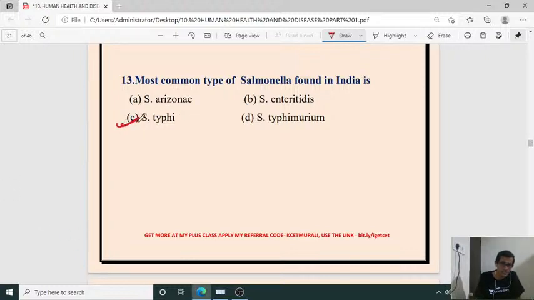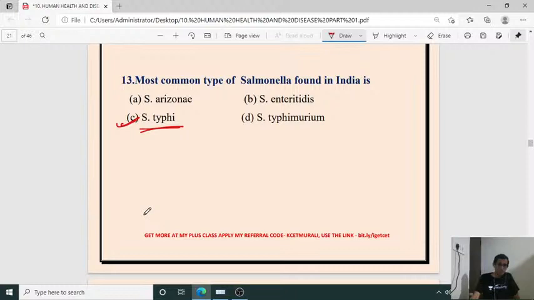Salmonella typhi, typhoid disease. It is the commonly found Salmonella in India, responsible for causing typhoid in our nation. So the right answer for the 13th one is C.